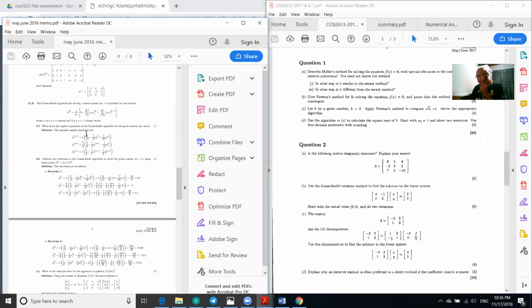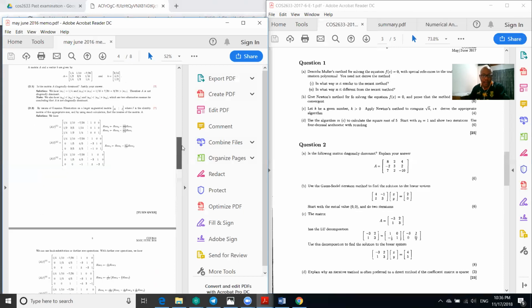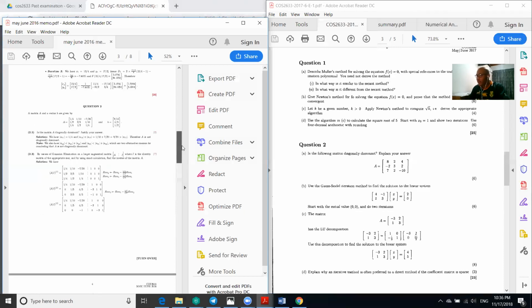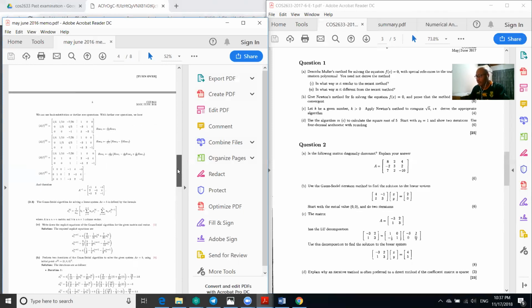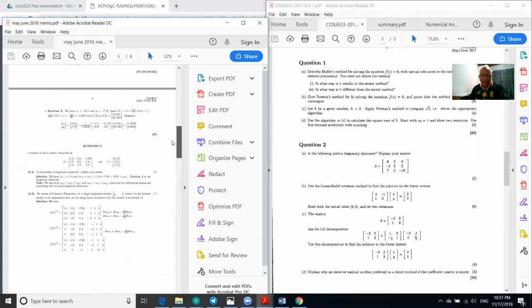Why is this 1 over 4? Oh, it's 1 over 4 because look at the main equation. Okay, I was looking at the wrong thing. Yes. Okay, it's 1 over 4, which is 4. Yes. 9 over 10 minus 1 over 10 plus 7 over 20. Uh-huh. 1 over 10.